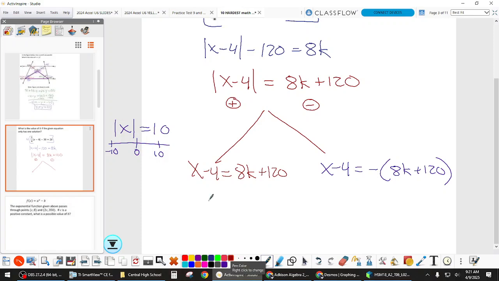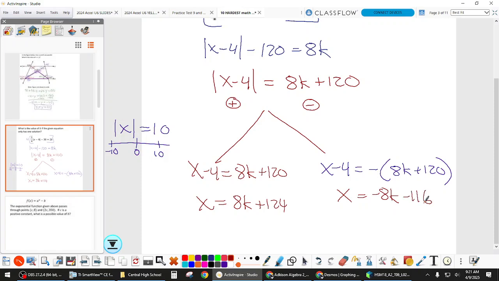Anyway, continuing on, we just subtract the 4. So this one, 8k plus 116. Sorry, that's add the 4. Plus 124. Over here, -8k. And then this becomes -120 plus 4, which is -116.